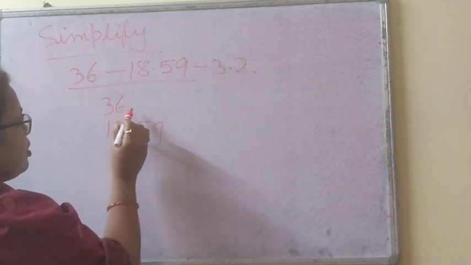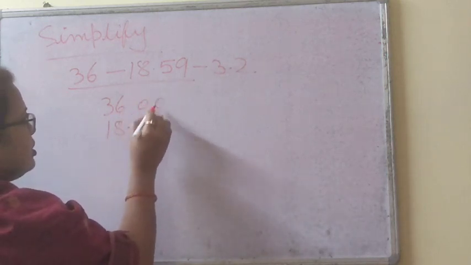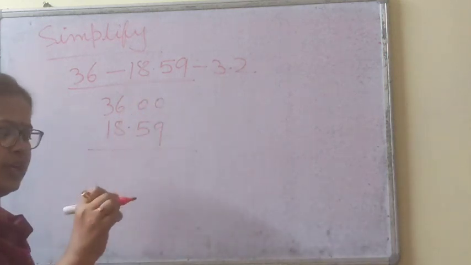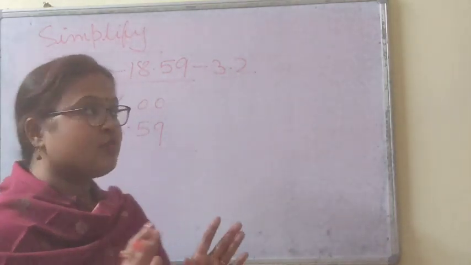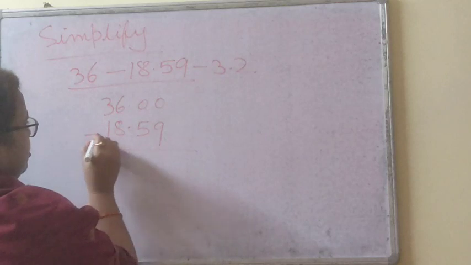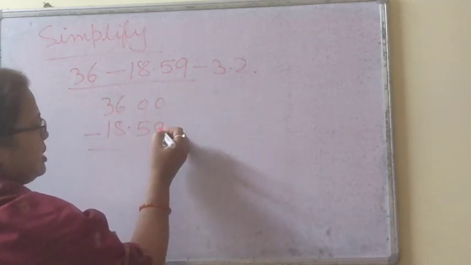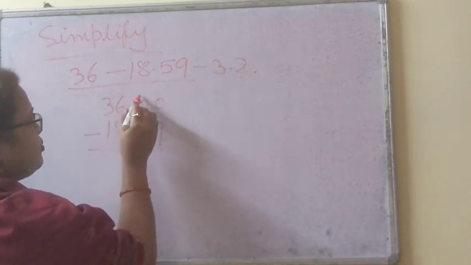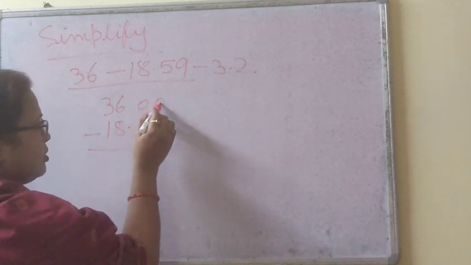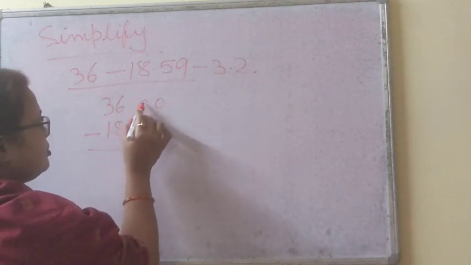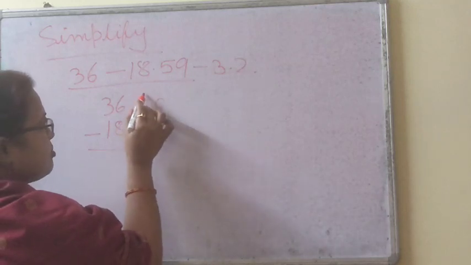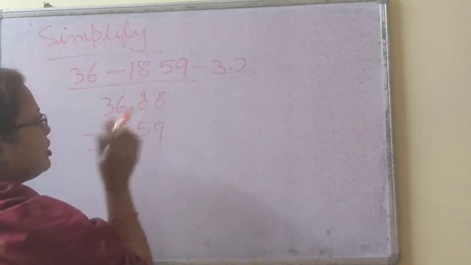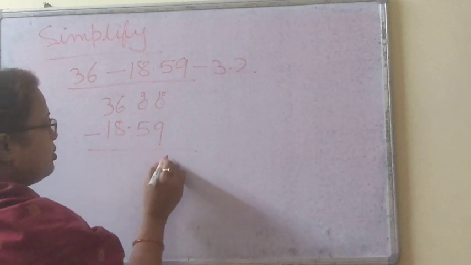Now here we will put decimal, and here we will put 0. Because when you are putting a decimal and only zeros, there is no difference. So you can put. We have to subtract. Now 0 minus 9 we cannot do. We will take 1 from this and then 1 from this. Clear? When we take 1 from this, it becomes 10. And then when we take 1 from this, it becomes 9, and this becomes 10. So 10 minus 9, 1.